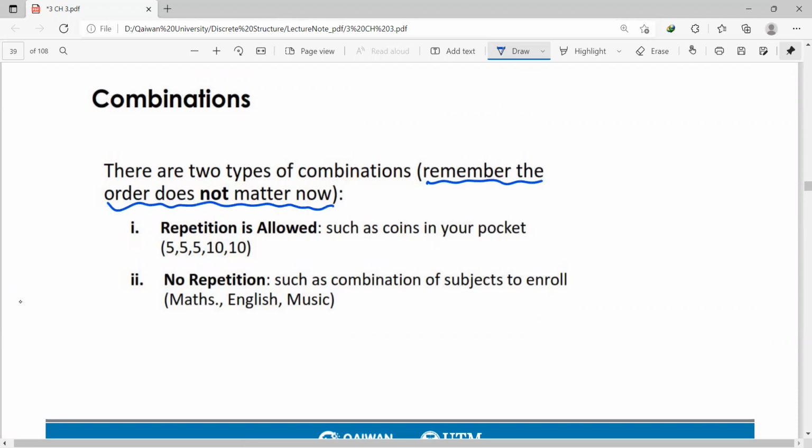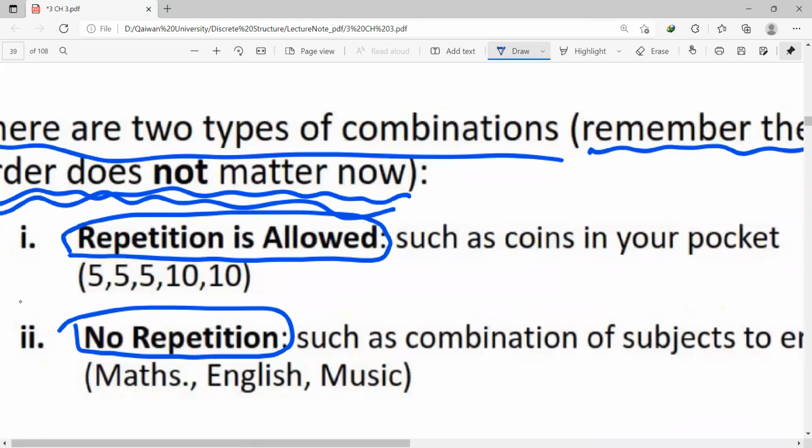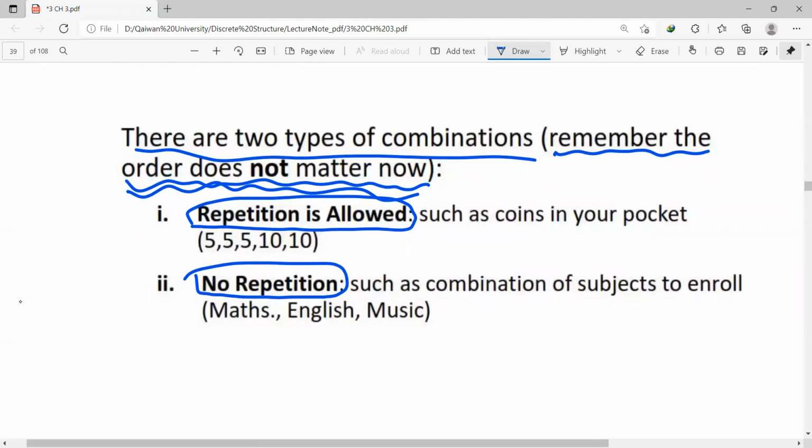That means the ordering of the elements doesn't matter here in combination. But for permutation, it did matter. But for combination, we say the order doesn't matter. There are two types of combinations: if repetition is allowed and if we have no repetition.